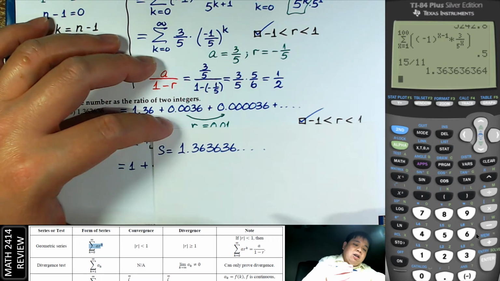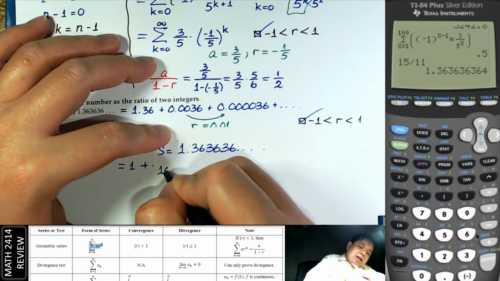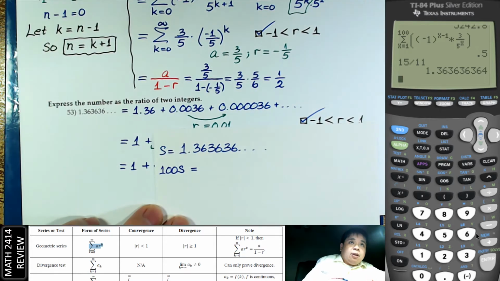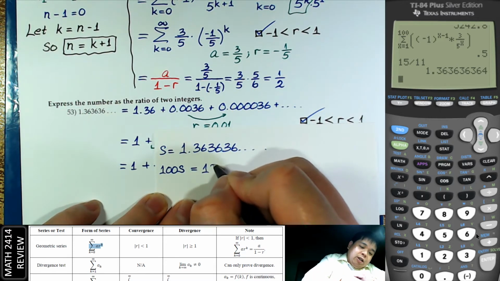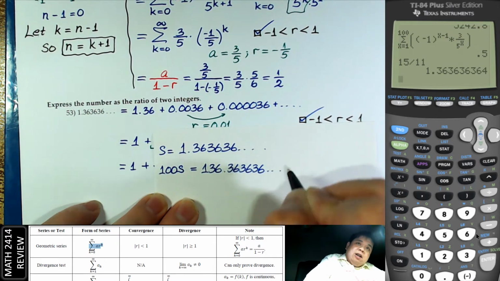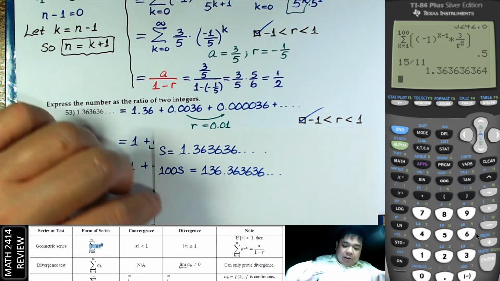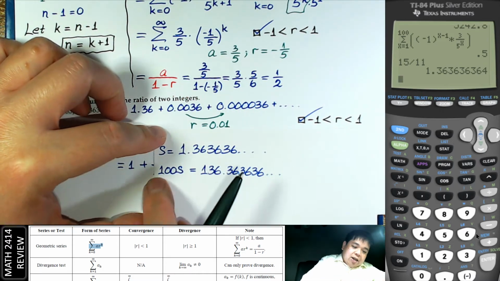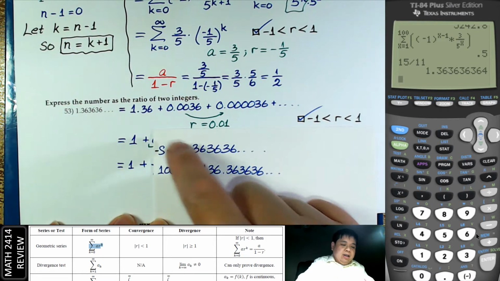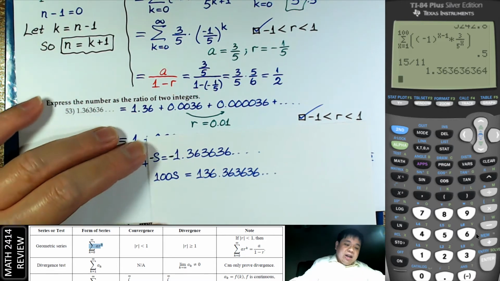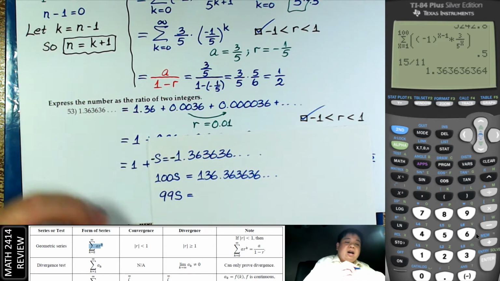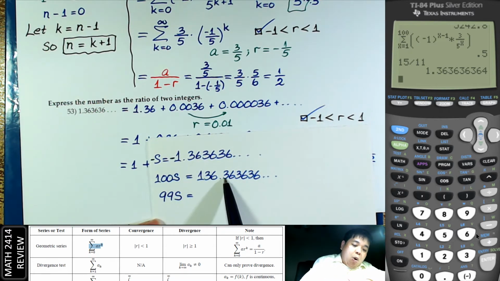Now I multiply s by 100. So this will be 136.363636, and so on. Now if I take this and subtract the top, or I just change both of them to negative, 100s minus s will be 99s. 99 times the sum, and when we subtract this, all the decimals cancel out.